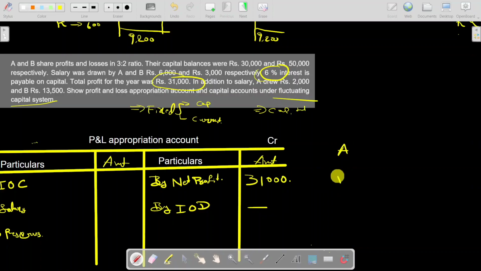A has a capital of 30,000, B has a capital of 50,000.